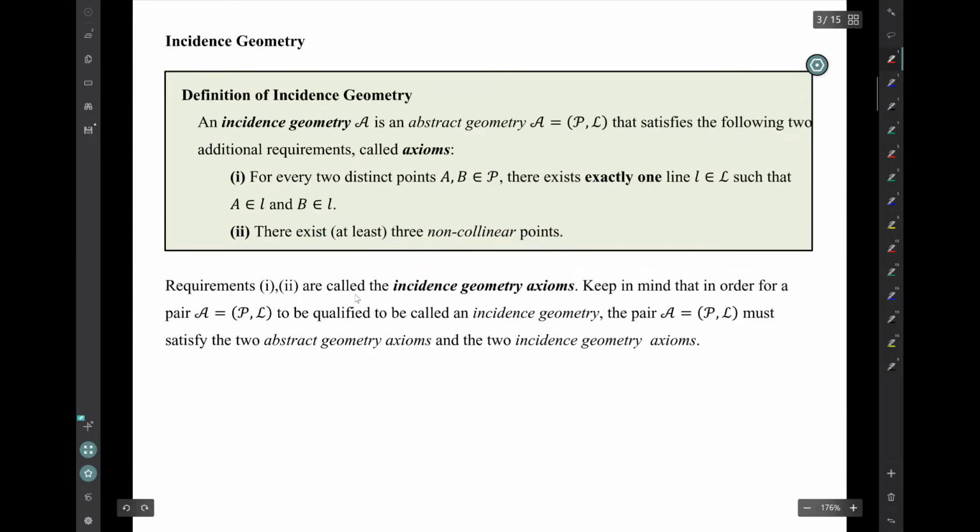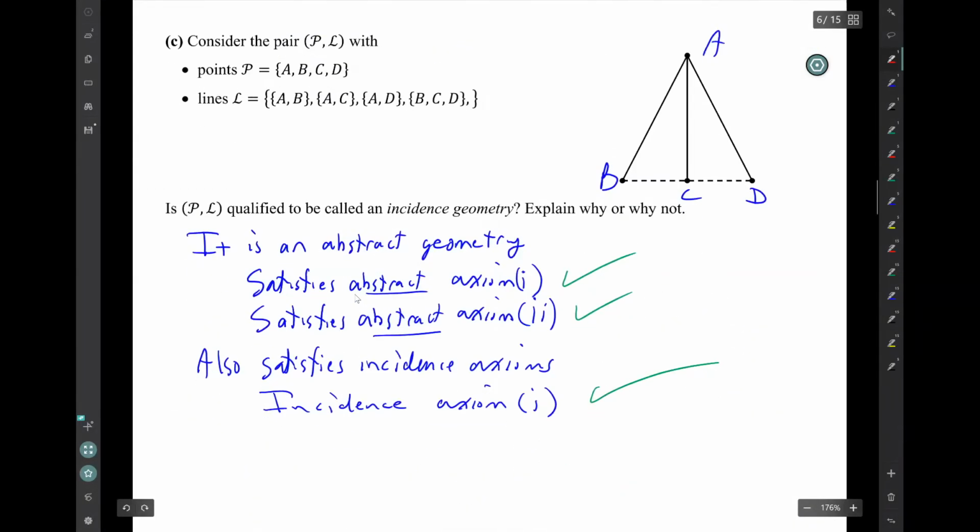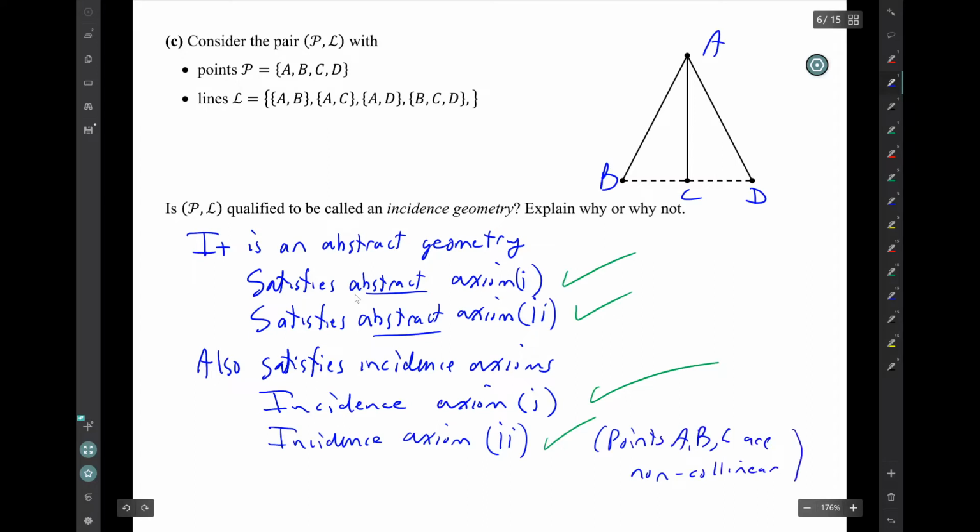It doesn't mean that all sets of 3 points have to be non-collinear. So look, points A, B, C are non-collinear. There is no line that contains all 3. So this is an incidence geometry.